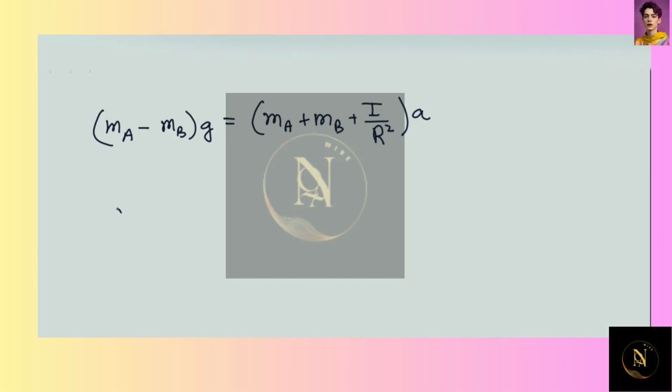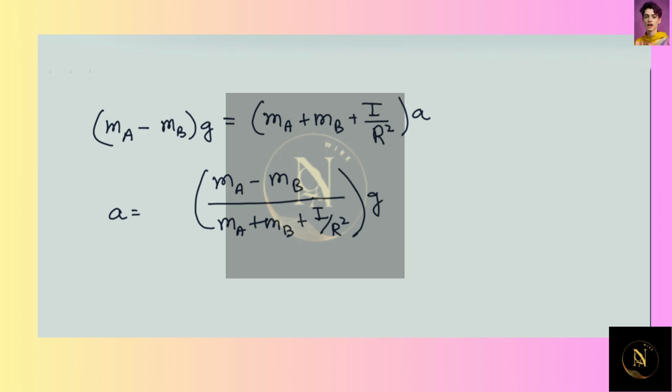And from here, if we solve for a, we'll get MA minus MB over MA plus MB plus I over R squared times g.